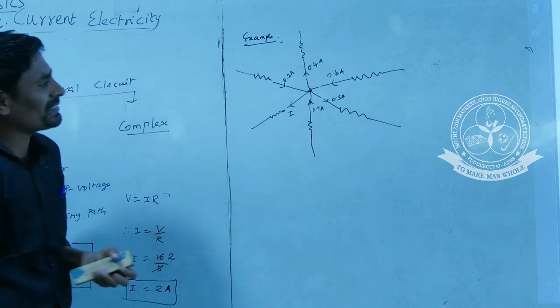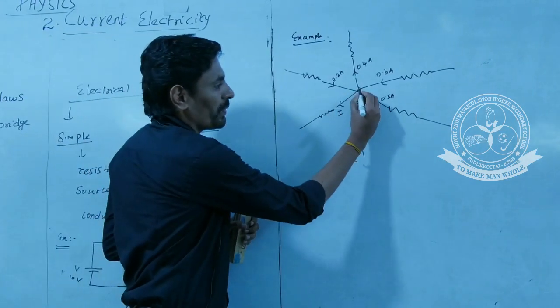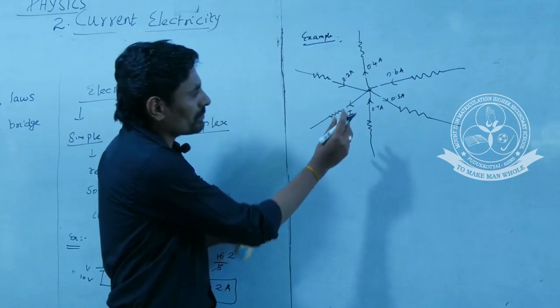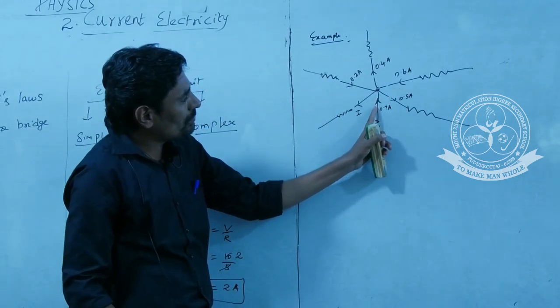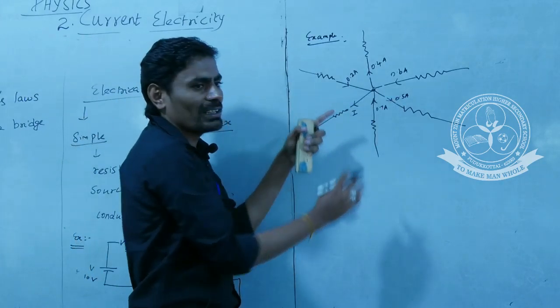So in the circuit, 6 currents meet at junction A. Three currents are entering the junction and three currents are leaving the junction.